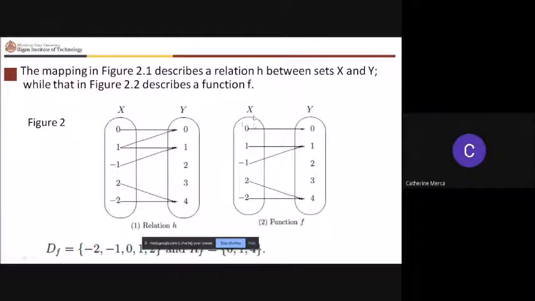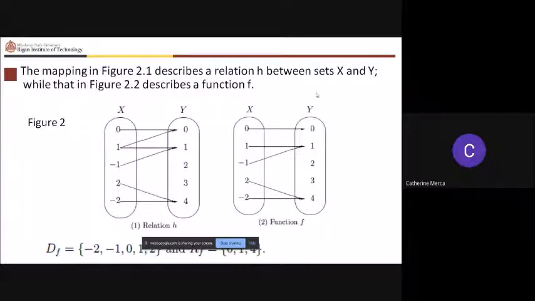In this case also, the elements of x are 0, 1, negative 1, 2, negative 2, and similarly, your codomain is 0, 1, 2, 3, 4. But when you say function, we define the function such that to each x element of x, there is a unique y element of y.